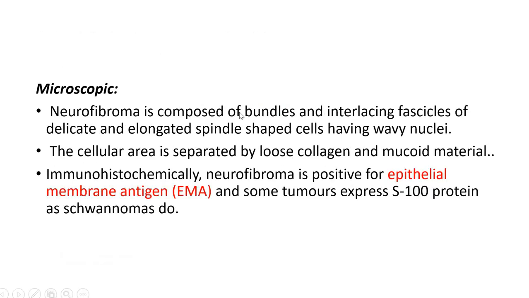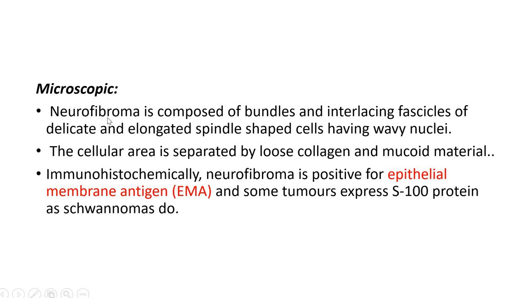Microscopically, it is composed of bundles and interlacing fascicles of delicate and elongated spindle-shaped cells having wavy nuclei. These are nothing but the nerve fibers, which we see as bundles and interlacing fascicles, separated by loose collagen or mucoid material.